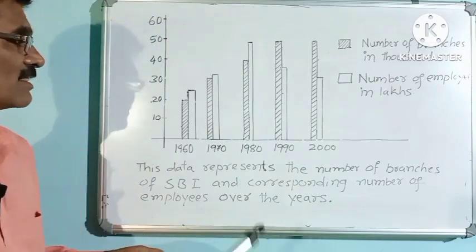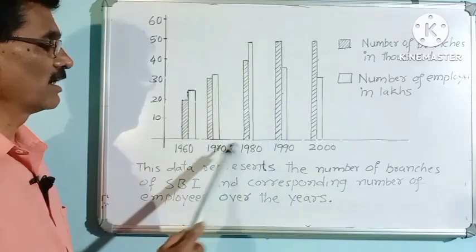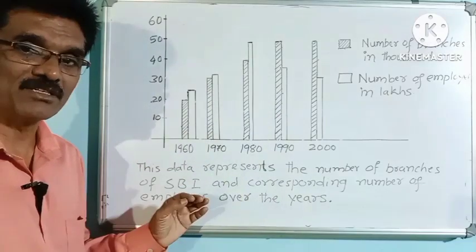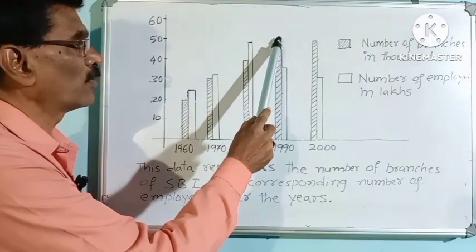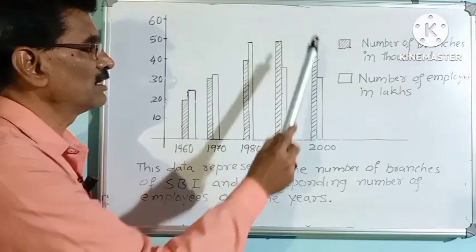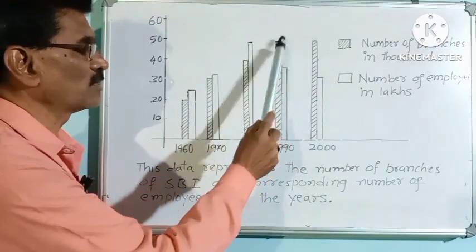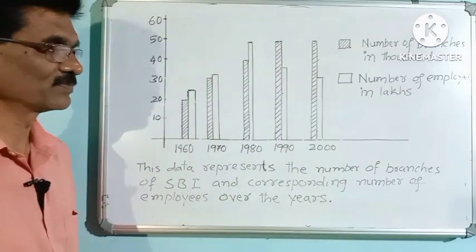Highlight is that there is a gradual increase in the number of branches from 1960 to 1990, whereas there is a stagnation in the next 10 years, that is 2000. From 1990 to 2000, there is no difference.